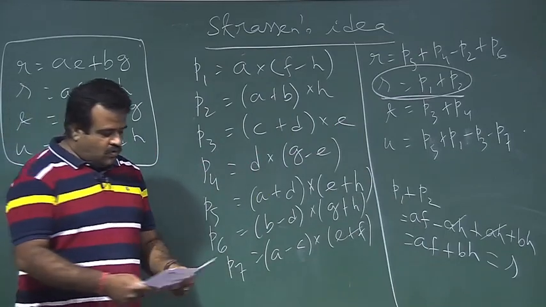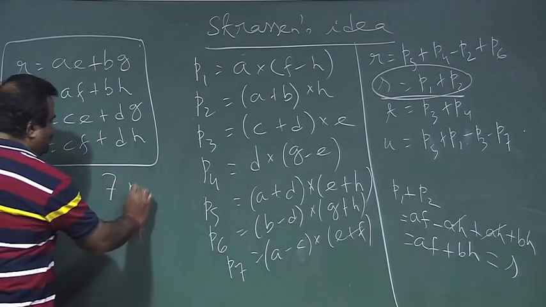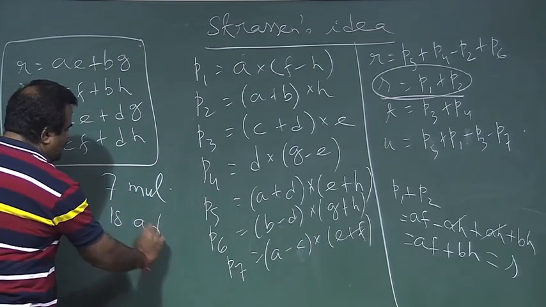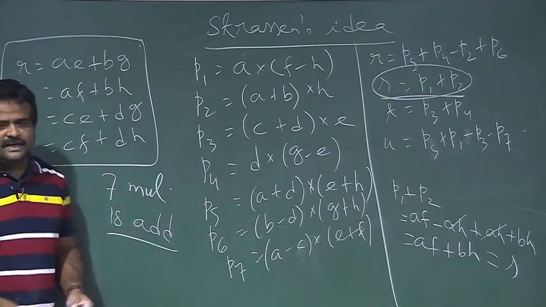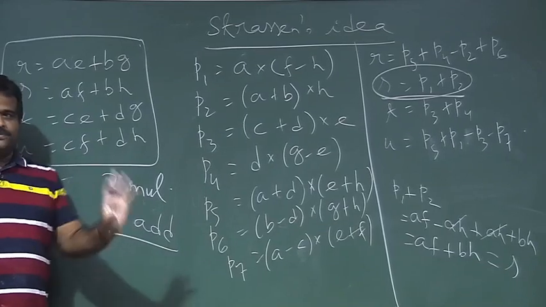So, we have 7 multiplications and 18 additions. That is okay, because one addition will take order of n square, so this will be captured in theta of n square.